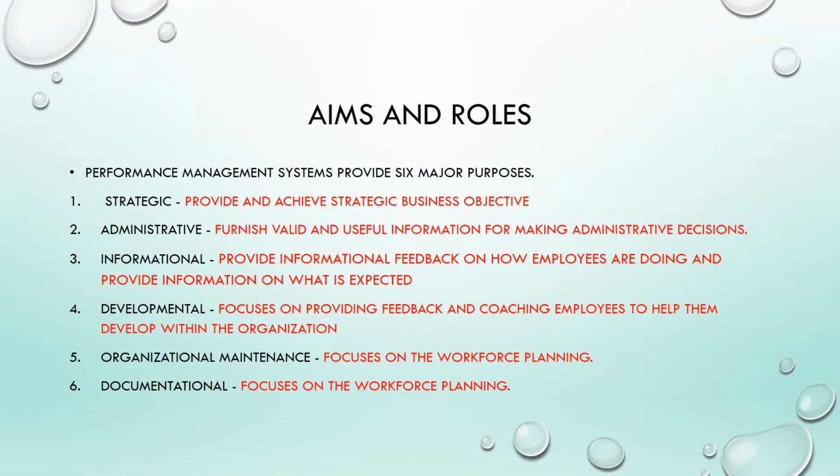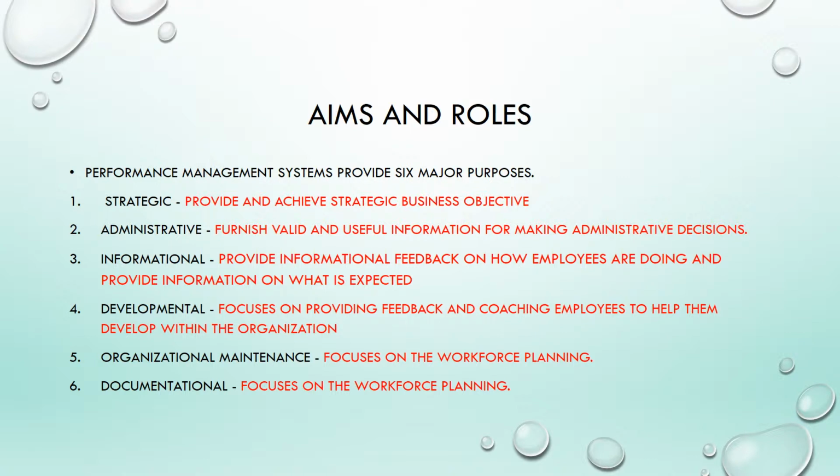The aims and roles of performance management systems. There are 6 major purposes. There's strategic, administrative, informational, developmental, organizational maintenance, and documentational. Strategic is there to provide and achieve strategic business objectives.